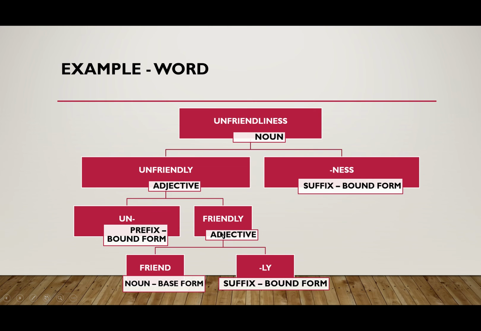It's a word. Now friendly can be further divided into friend and lee. Now when you say friend and lee, friend is a noun form, it's the base form, and lee is a suffix or a bound form.